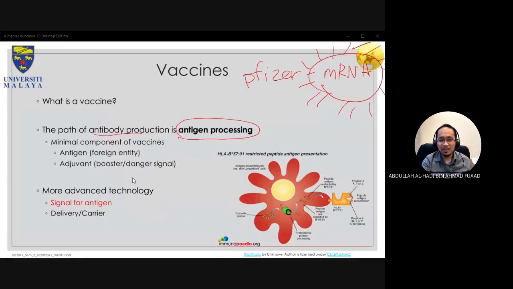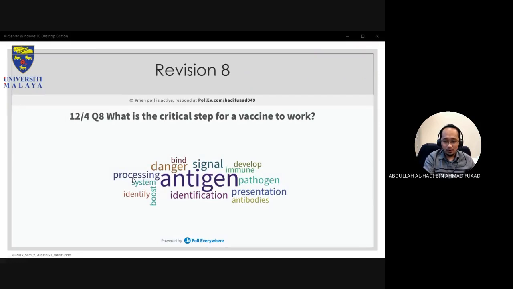Okay, so it's partly true. So I've already shown you guys this slide. So the part for antibody production is antigen processing. Therefore, the critical step for a vaccine to work is antigen processing. Okay, so antigen is correct. So the other keyword that you need to pair it with is the processing part.